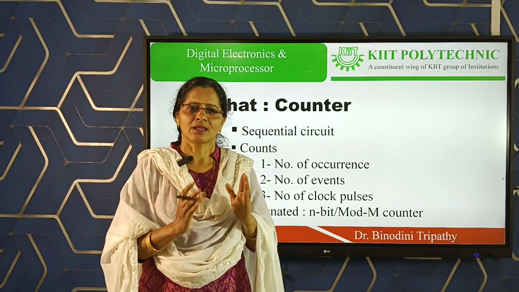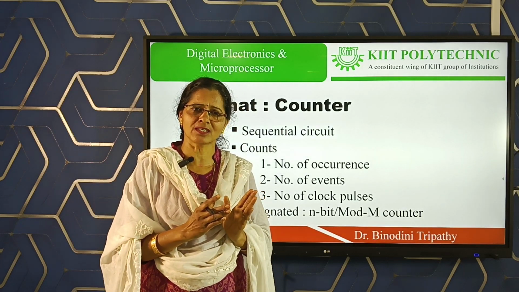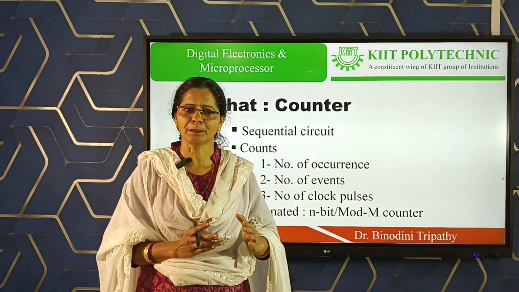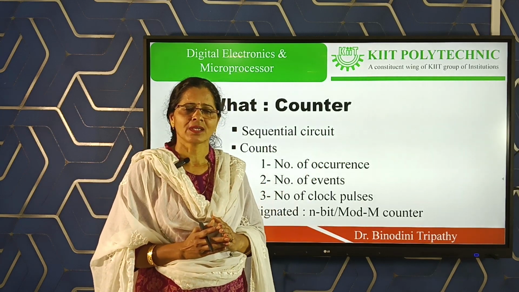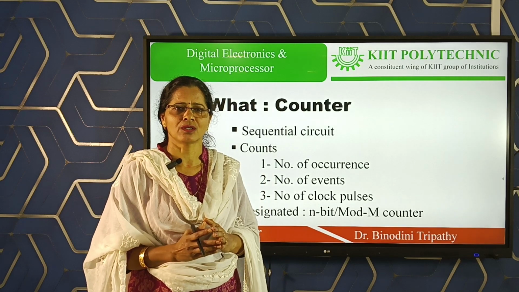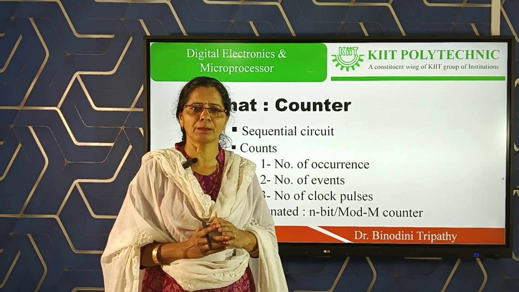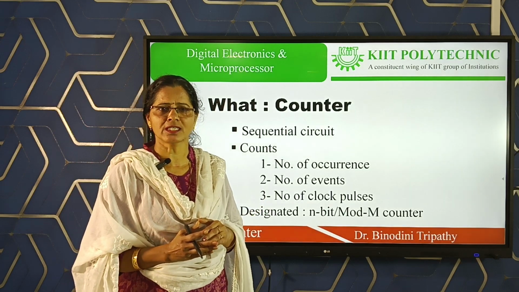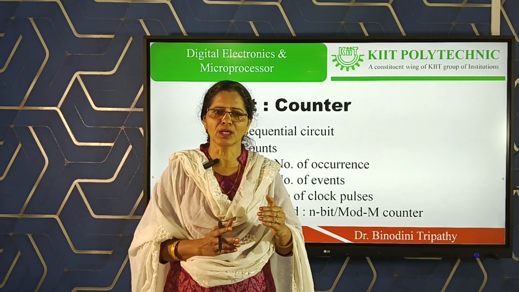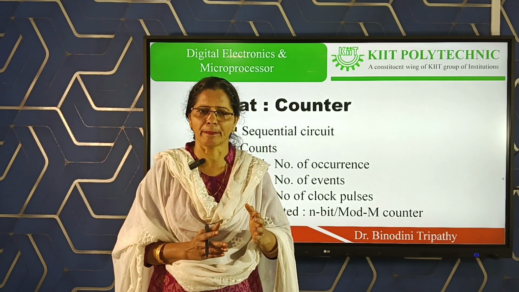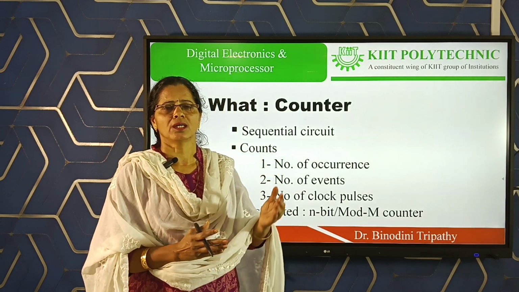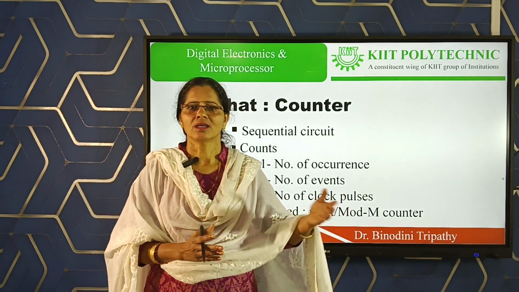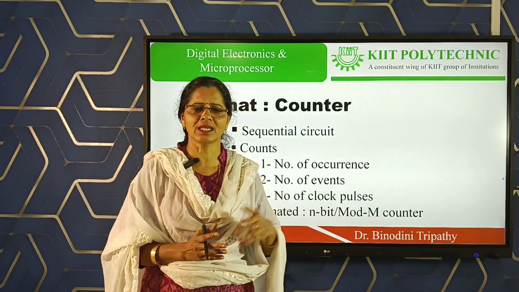Counter. Here this is a sequential circuit. Accordingly, a counter is a sequential type of digital circuit that is used for counting purposes. Which type of count? For this discussion, the counting will be over the number of occurrences of an event, or the number of clock pulses in a signal, or number of frequencies, like that.